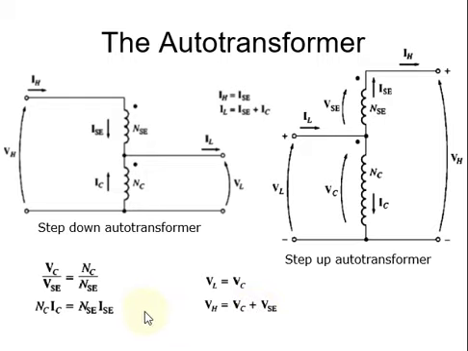Similarly, by having the transformation ratio, we can have this relation between the voltages and the number of turns of the common and series windings. So these relationships will be used in the next few slides.